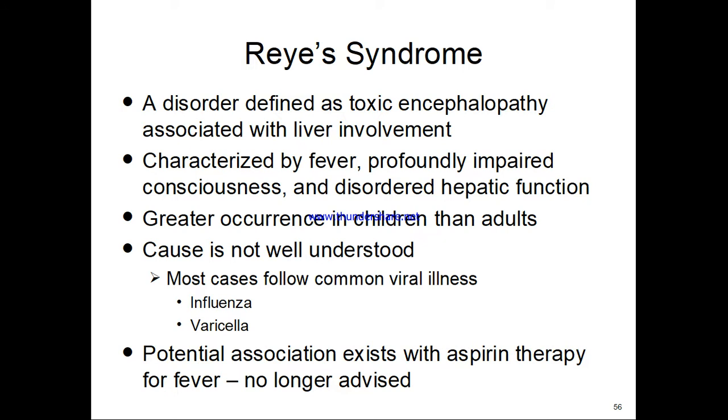The cause is not well understood, but it seems to follow common viral illnesses such as influenza or chickenpox. A potential association has been found between the use of aspirin for fever and the development of Reye syndrome. So for this reason, aspirin is no longer recommended to be used for children to control fever.